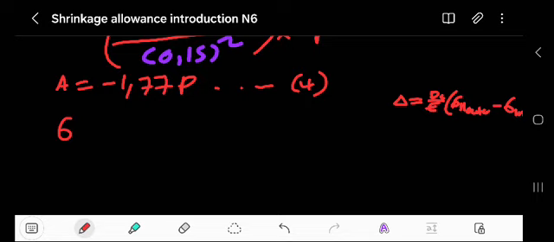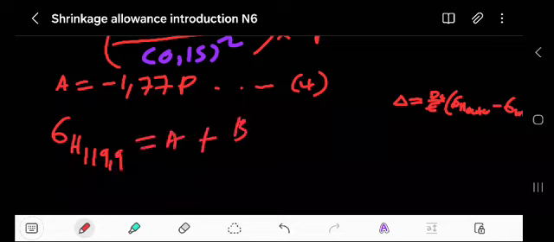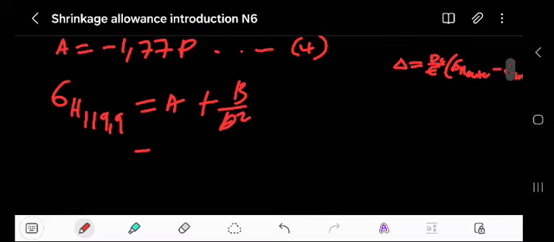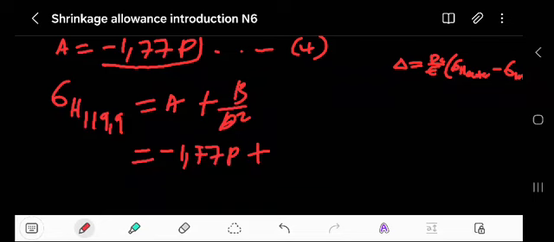Let me just say the hoop stress. We know at our diameter, the hoop stress is given by the formula. We have the value of A, including B, minus 1.777P, plus, what is B?